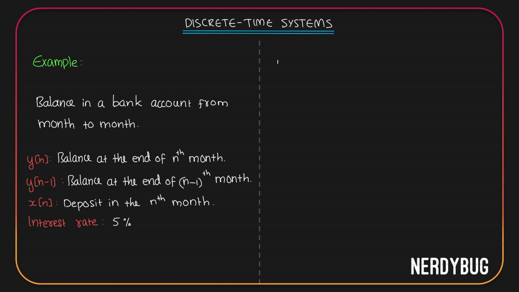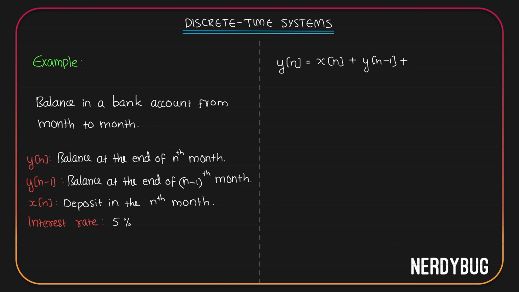So at the end of the month, y of n, the total balance is going to be, obviously I'll be adding x of n because I'm depositing that much, plus what I get is y of n minus 1 because that much money was already in the bank account. So y of n minus 1 plus what? I'm also getting interest at the rate 5%.